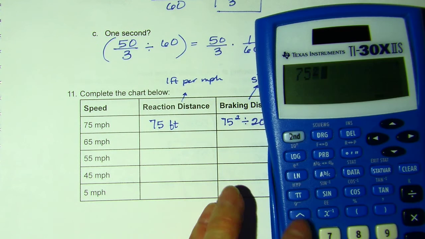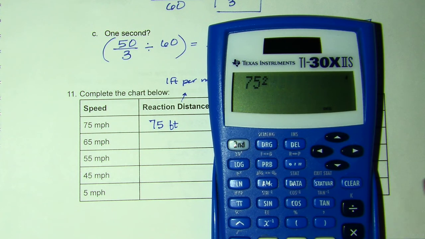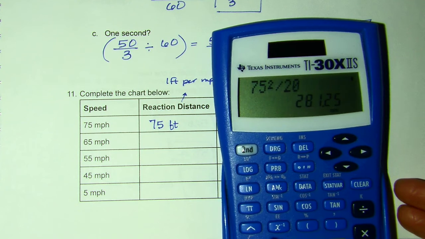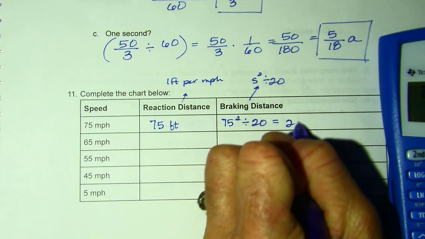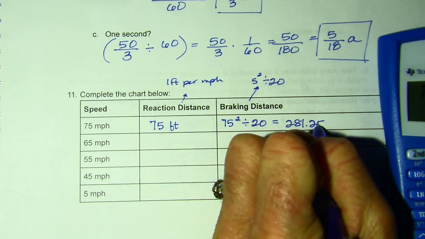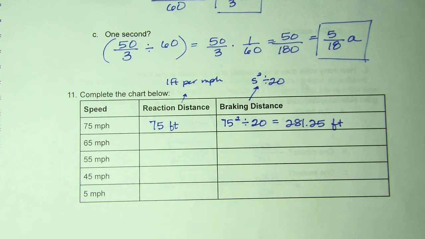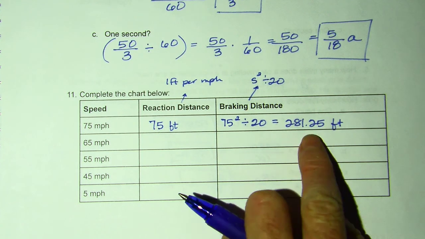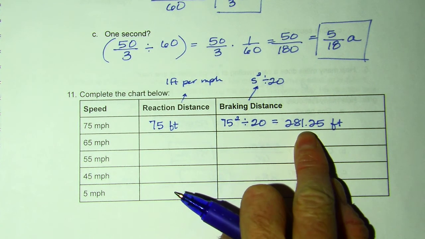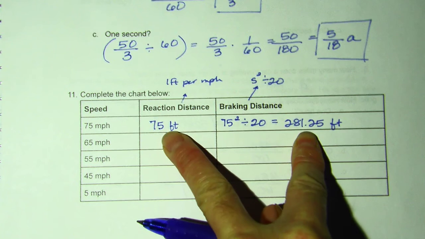So 75 squared divided by 20, and I'm going to round to the nearest hundredth. So this is 281.25 feet. That is how many feet my brakes would need to stop. So if you added those two together, that'd be your total stopping distance.